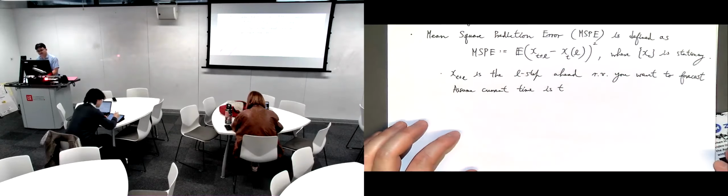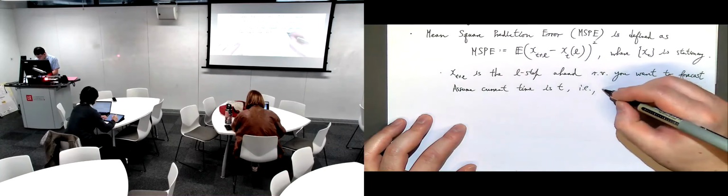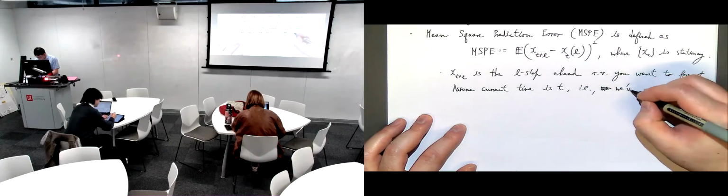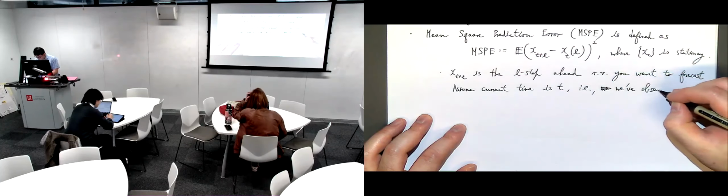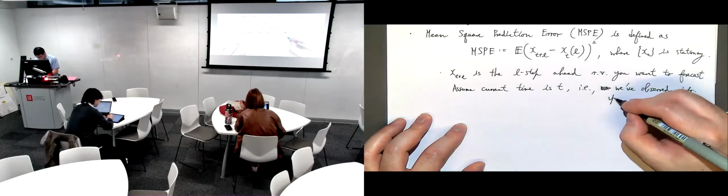So if the current time is t, it means we've observed information up to time t.